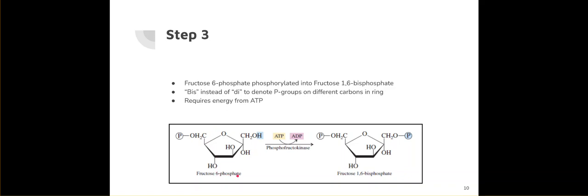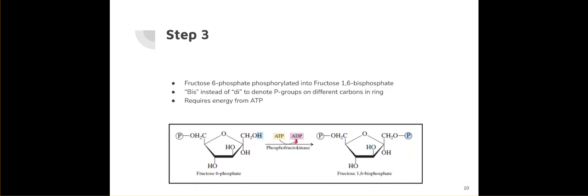The fructose 6-phosphate from the previous step now gets phosphorylated into fructose 1,6 bisphosphate. And so there's now going to be 2 phosphates on here. Instead of just the 1, we're going to replace this hydrogen with a phosphate.